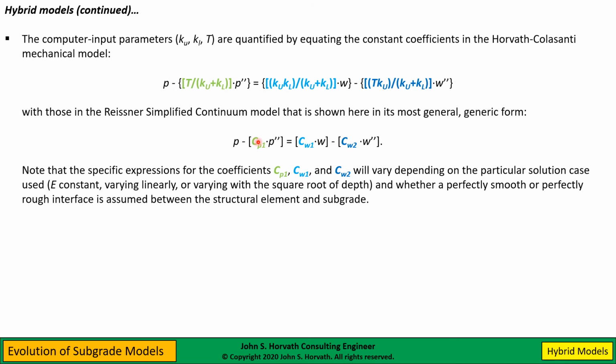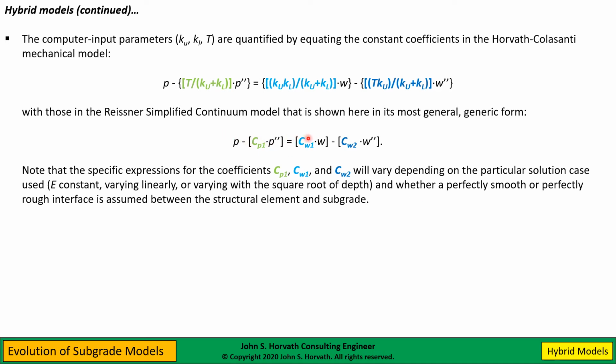That's because these coefficients will vary depending on which particular solution case we have: E that is constant with depth, varying linearly with depth or with the square root of depth, and whether we have a perfectly smooth or perfectly rough interface between, say, the mat foundation and the subgrade.